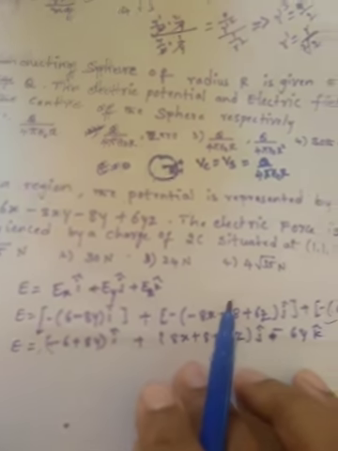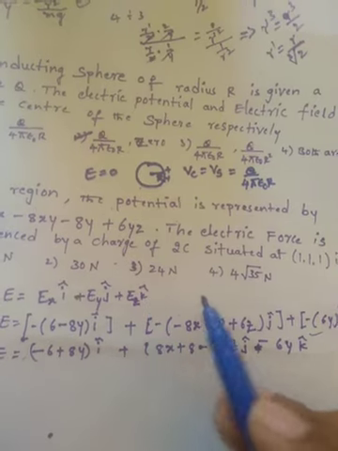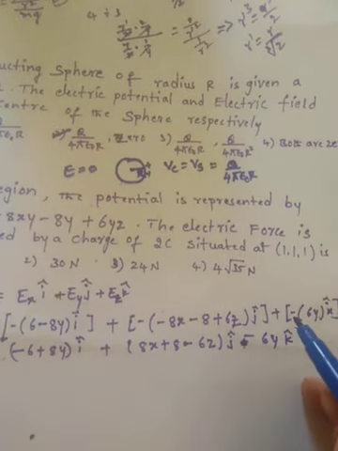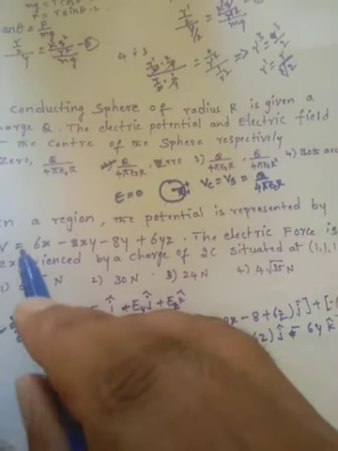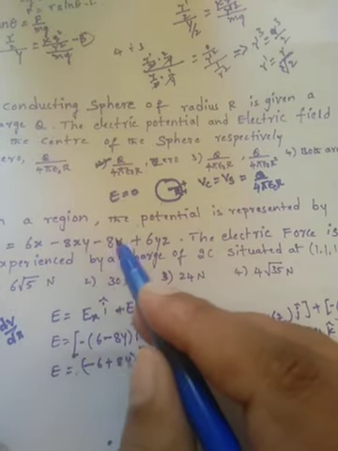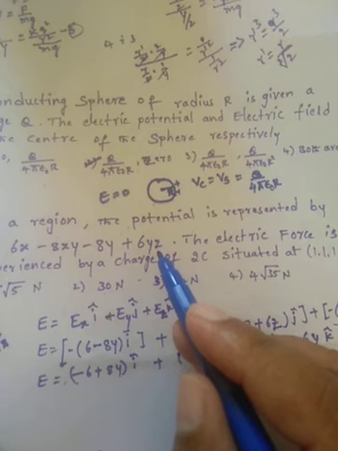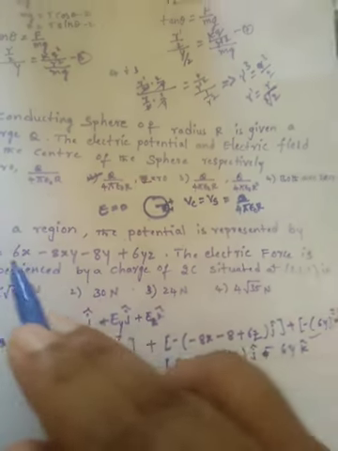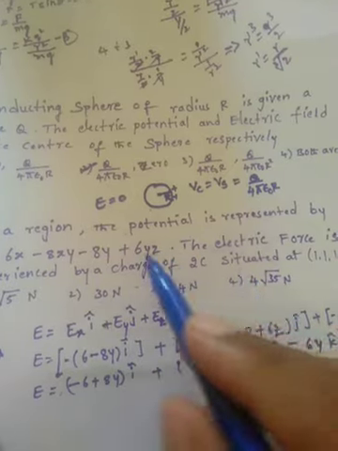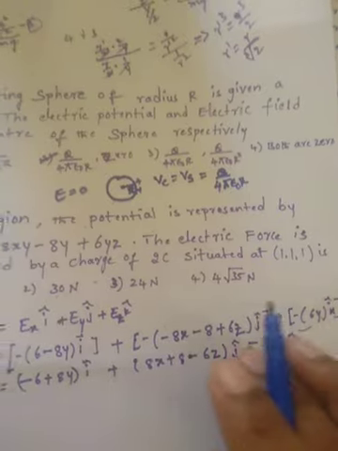cap. Then to get Ez k cap, we need to differentiate V with respect to z. So this factor will be 0, this factor will be 0, this factor will be 0, we need to differentiate this only. Differentiation of z will be 1, remaining it will be 6y k cap.